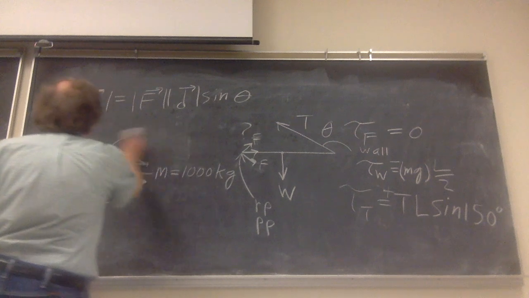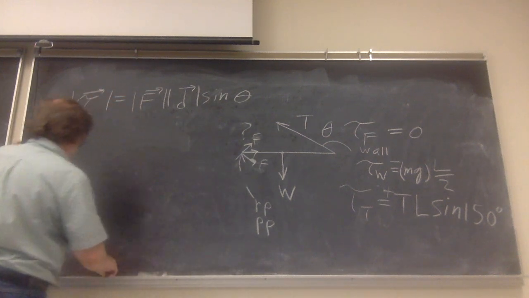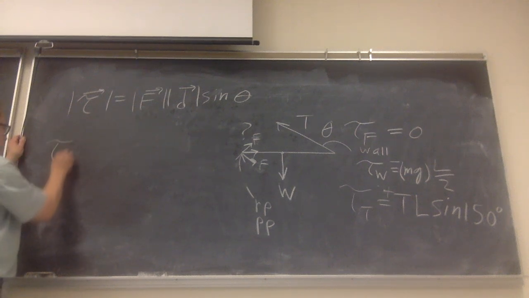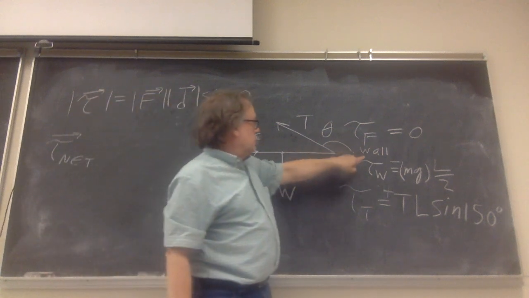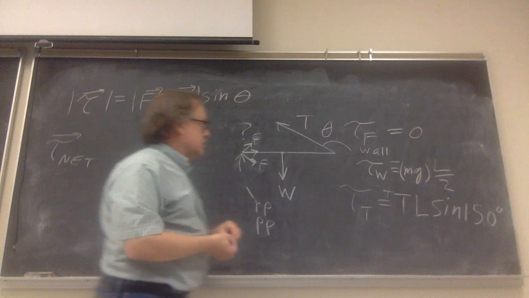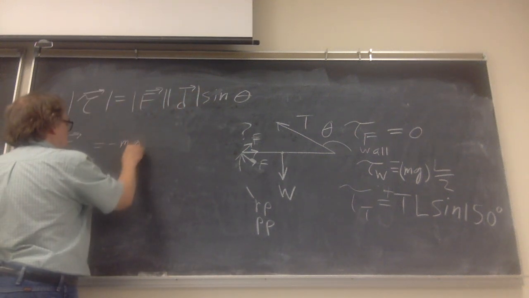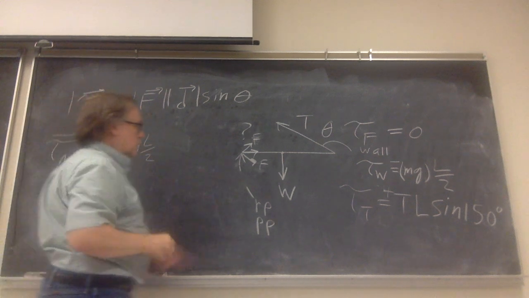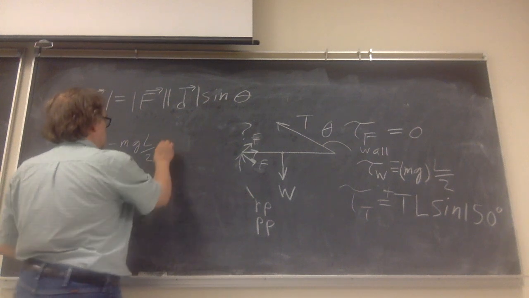So then the net torque is just the sum of these three torques, 0 plus this plus this. So 0 plus this one, which is minus mgL over 2, plus this one, which is tension L sine 150.